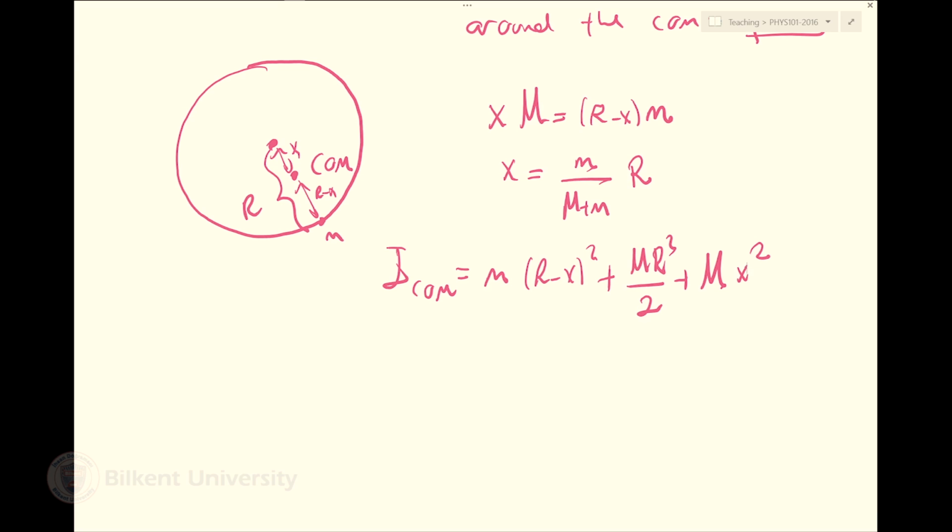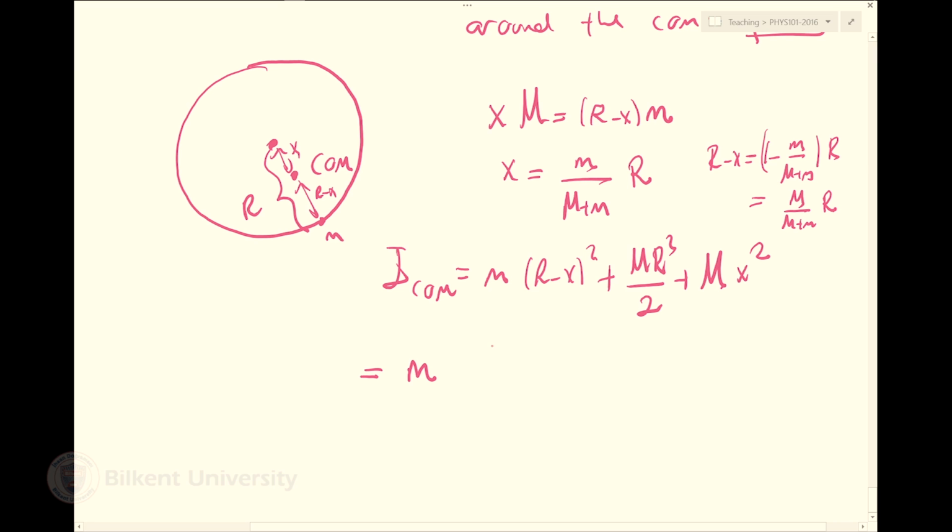So let's calculate all of this. This is going to be m times r minus x. In that case, r minus x is 1 minus m over m plus M times r. So it's going to be capital M over small m plus capital M times r.